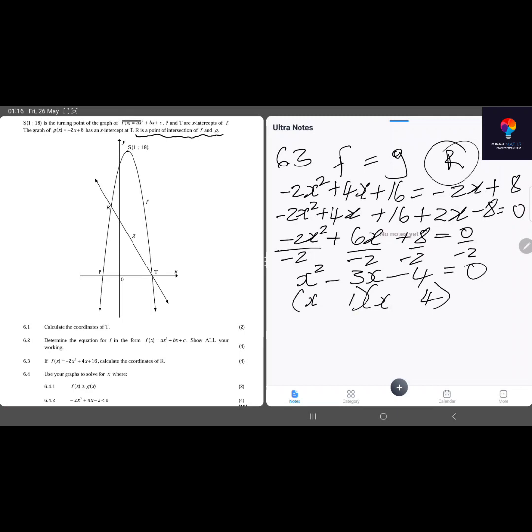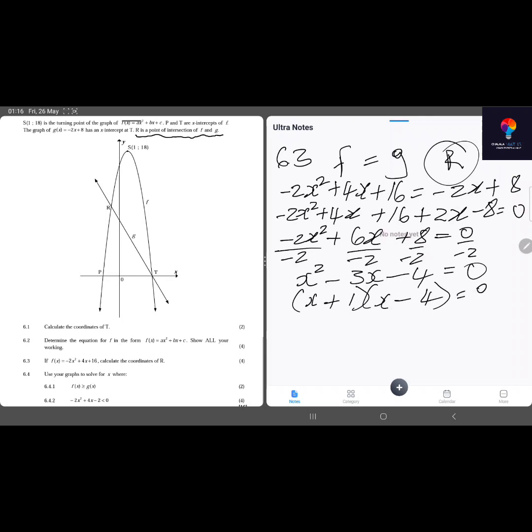If we multiply 1 and 4, it is going to give us 4. If we subtract 1 from 4, it is going to give us 3. So I'll put minus 4 but plus 1, because minus 4 plus 1 is going to give us minus 3, and negative 4 we get when we multiply positive 1 by negative 4.